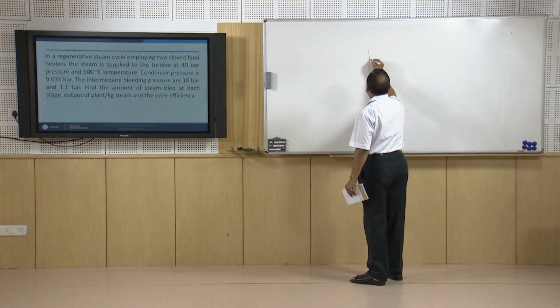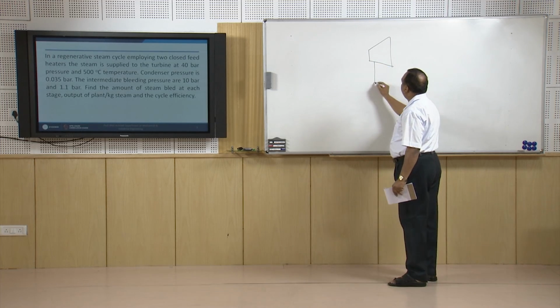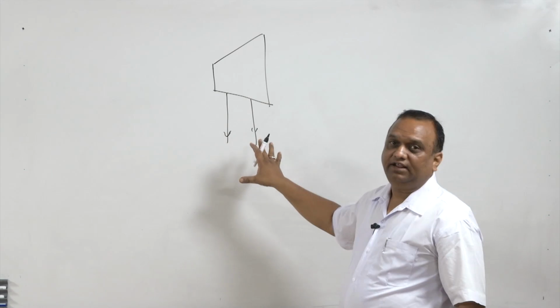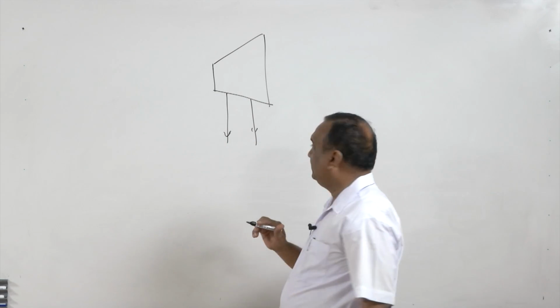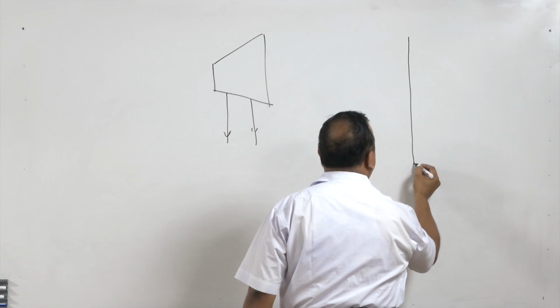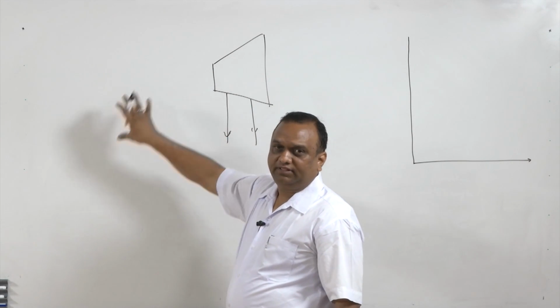Suppose there is a steam turbine, steam will be tapped at various locations, and this steam will be used for heating the feed water going to the boiler. First of all, we will draw a temperature entropy diagram for the processes, then we will draw the schematic diagram, and then we will solve the numerical.